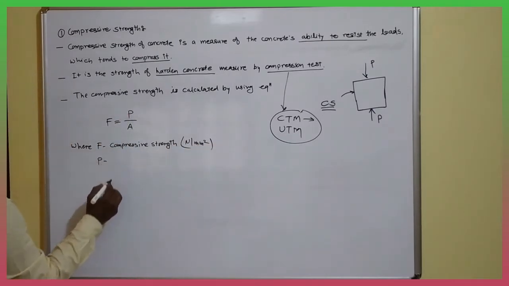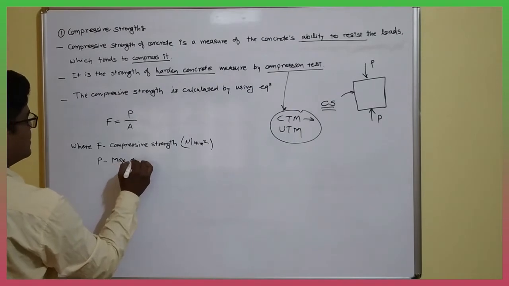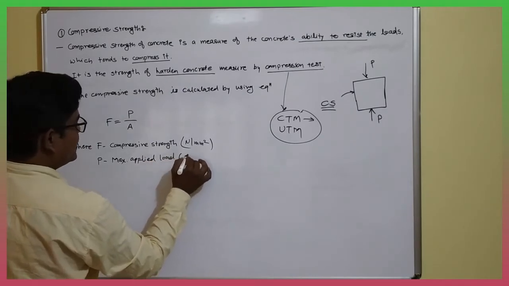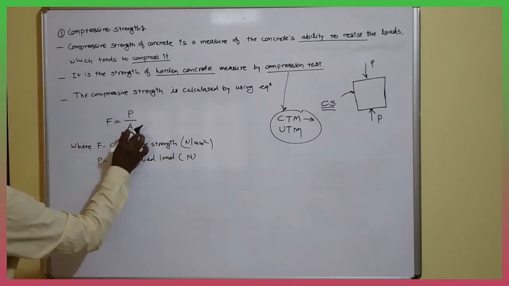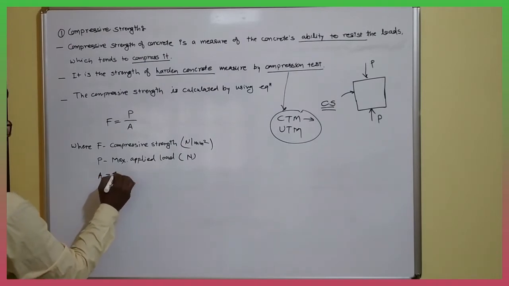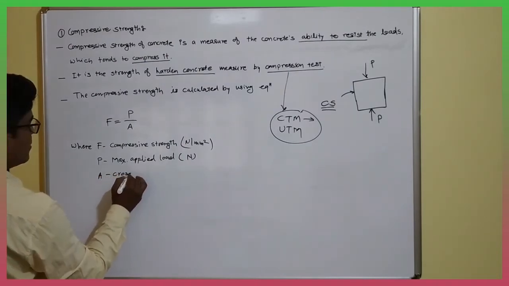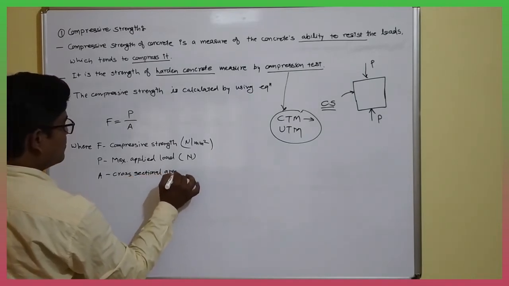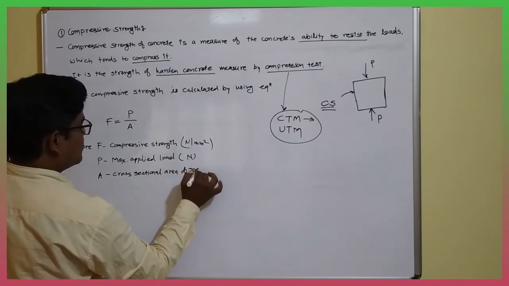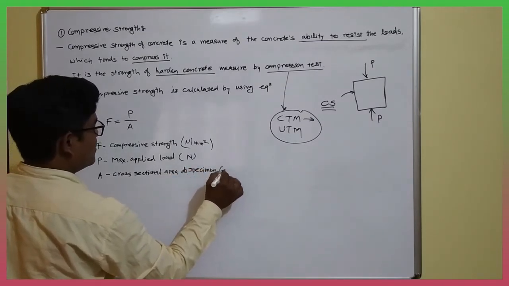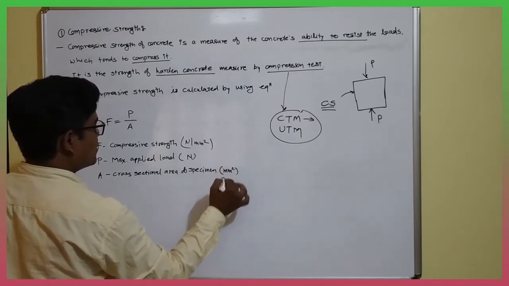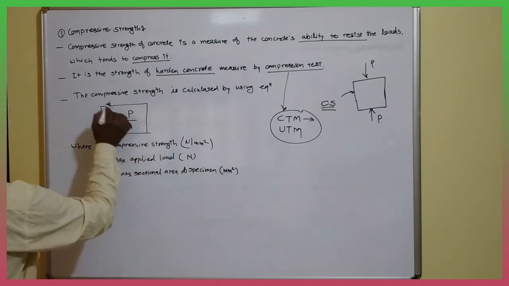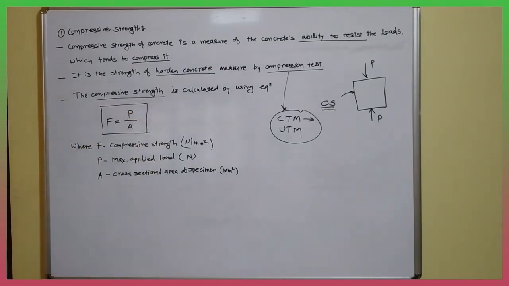P is the maximum applied load, so it is in Newton, and A is the cross sectional area of specimen in mm square. So by using this equation we can find out the compressive strength of concrete.